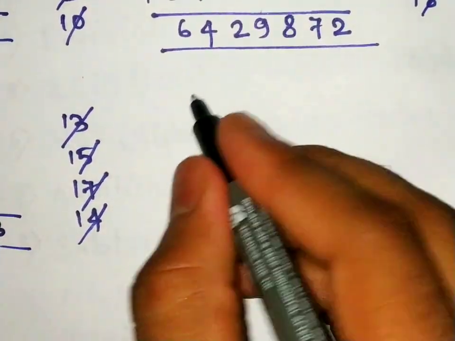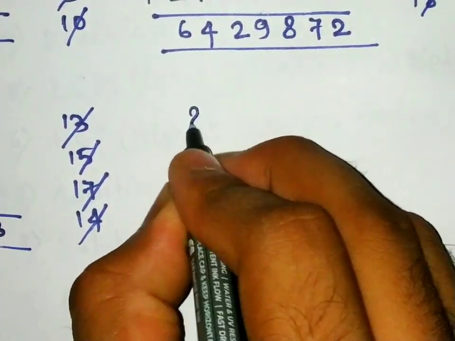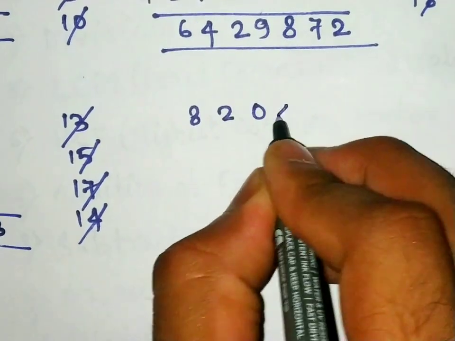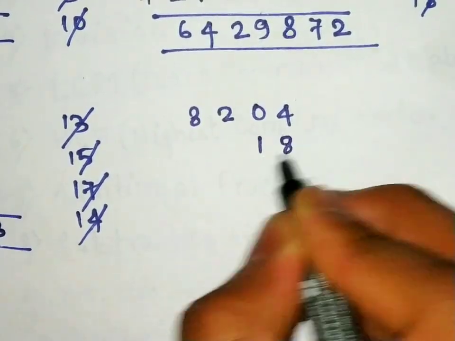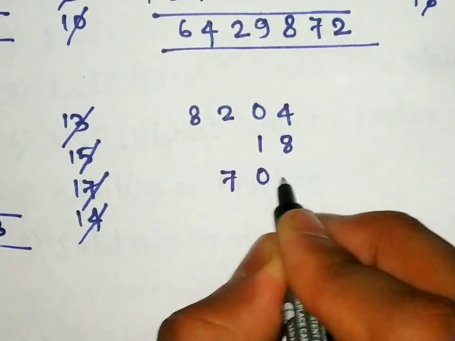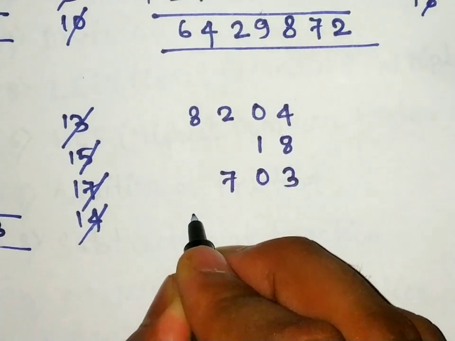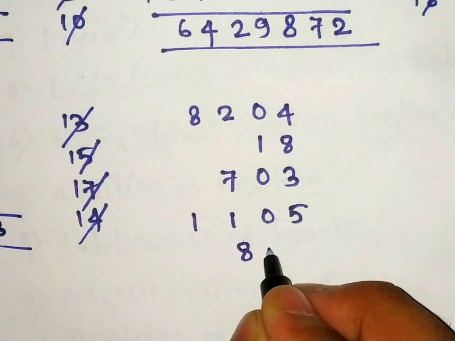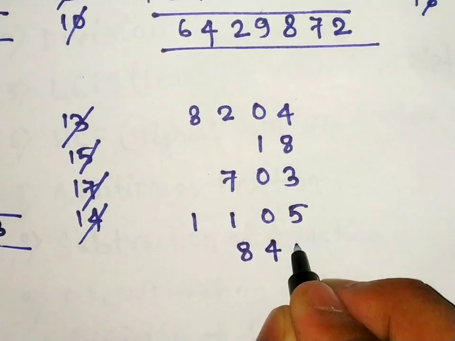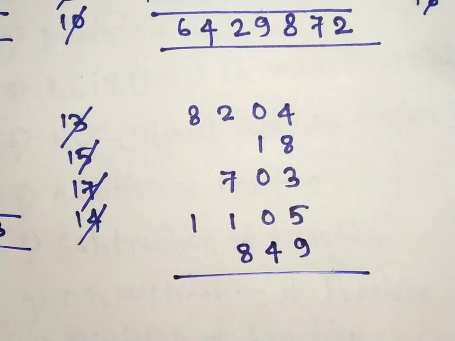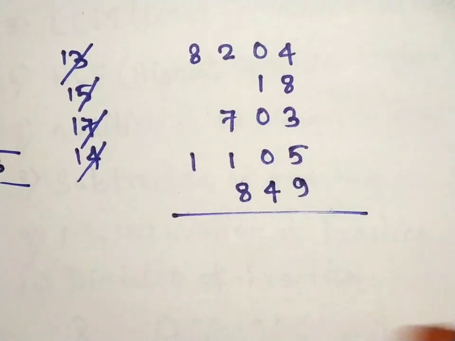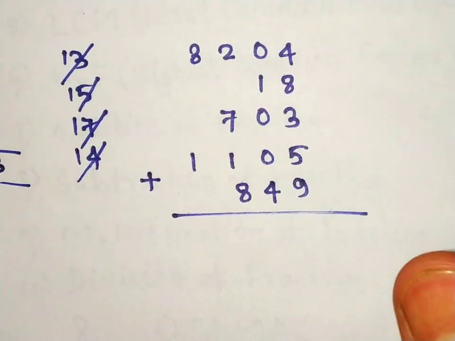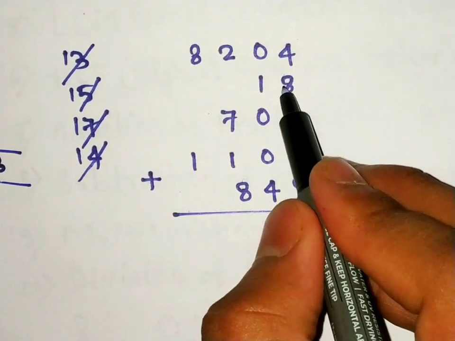Okay, take another example like 8203110584. Here is a more complex example. I mean, you haven't seen it anywhere. So how will it add? Here is 18.